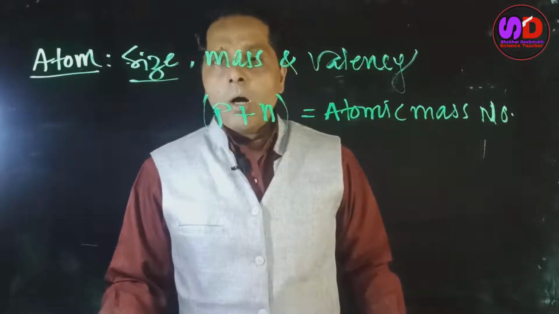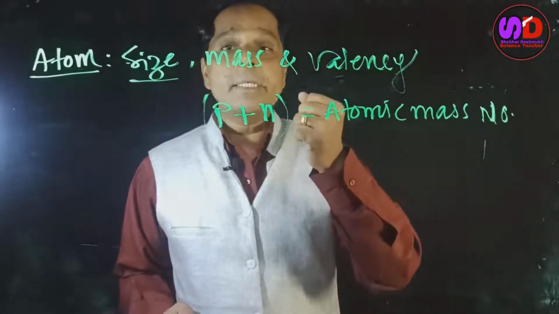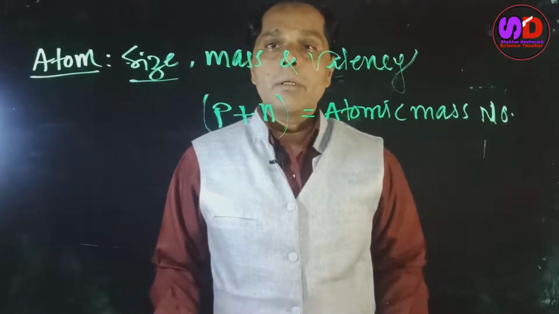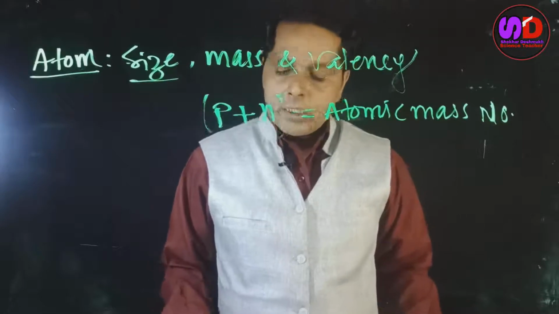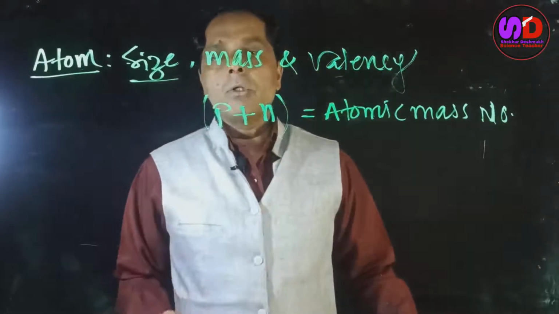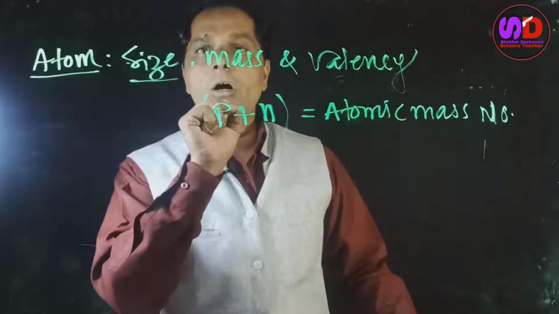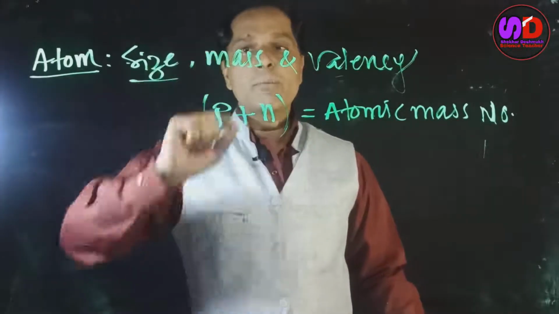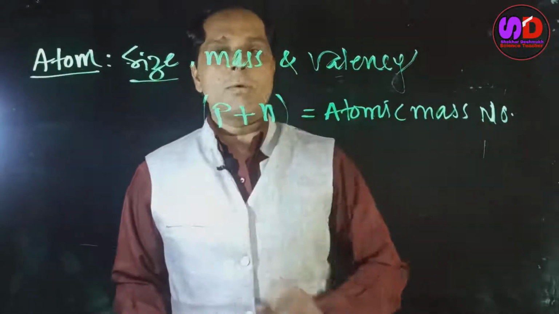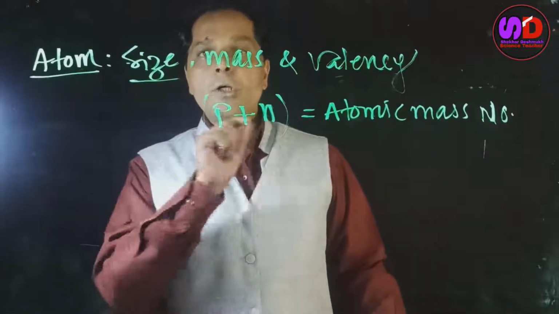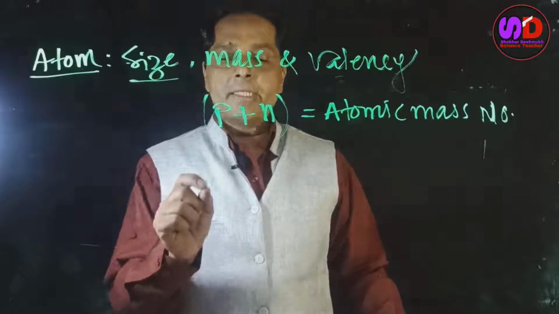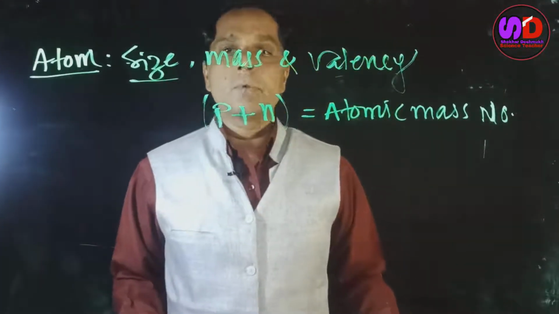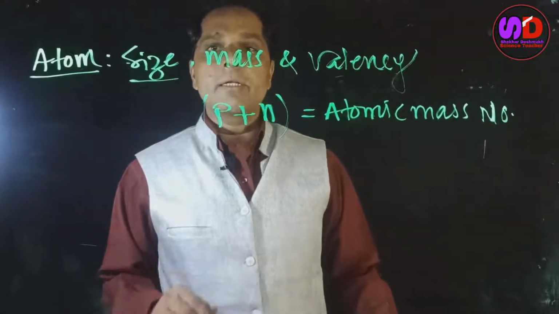But how to calculate, how to measure the actual mass of an atom, was the biggest problem. Because if I give you a small grain of, suppose, rice or mustard, (we call it मोहरी in Marathi), one grain of mustard, and I told you to measure the mass of that one grain only, it would be very difficult.